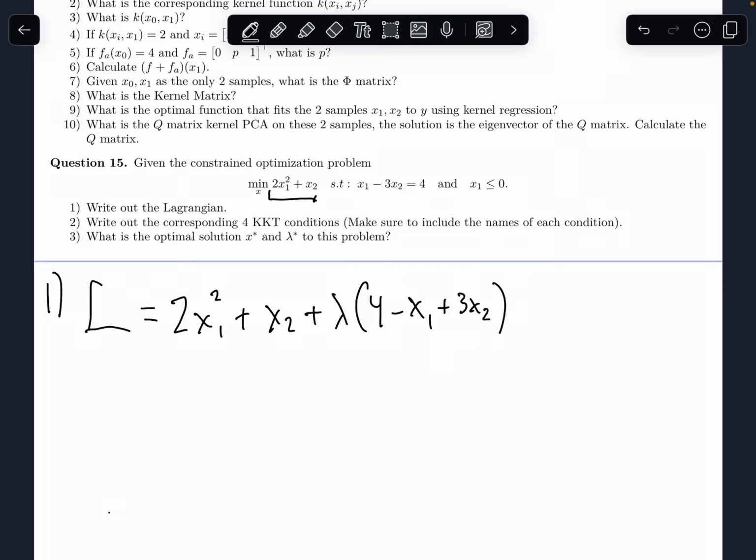So in this case, I could bring the 4 over here, and then when you solve this, your lambda would be the negative of what it would be if you did it the way that I did it, but it doesn't really make a functional difference.